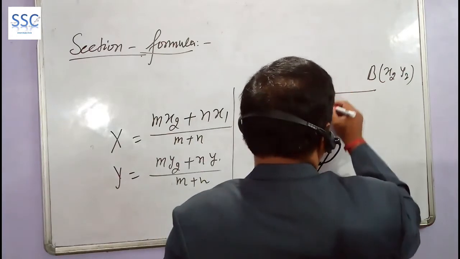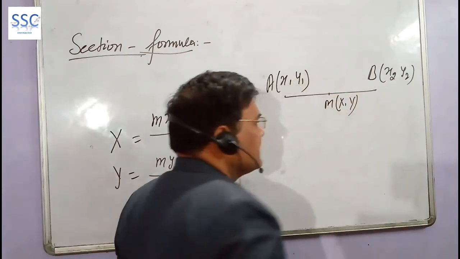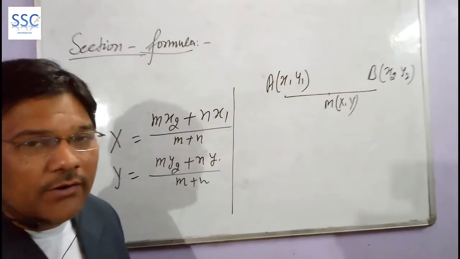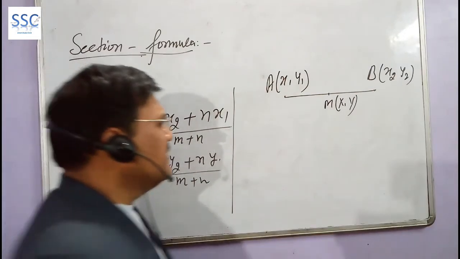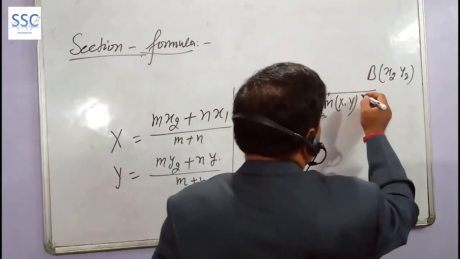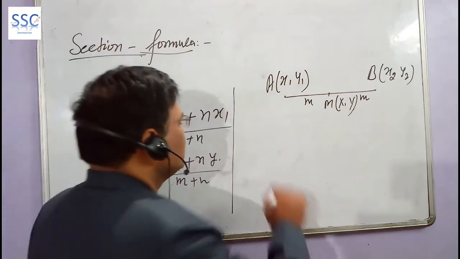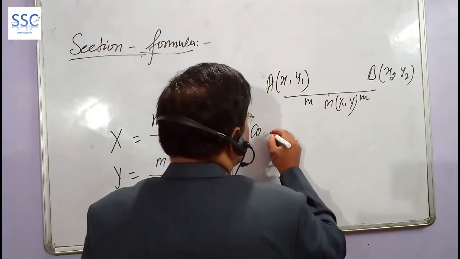Suppose this point M is (x, y) and M is the midpoint. Then you will easily find that if it is the midpoint, it divides in the ratio 1:1, both parts equal.